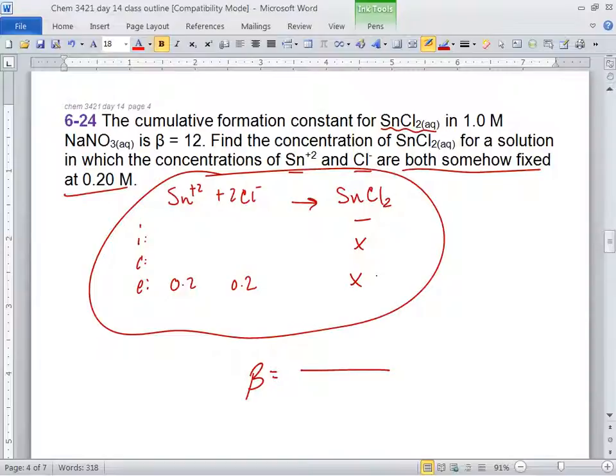How would you write the formation constant expression, Jeff? We know beta is 12. That's equal to what over what? Would it be x over 0.2 times 0.2? Before we do that, let's write it in terms of brackets with concentrations.